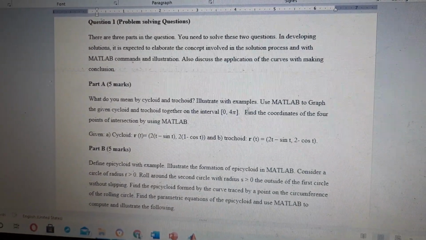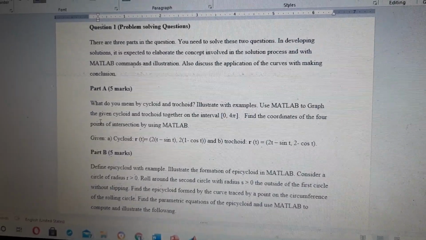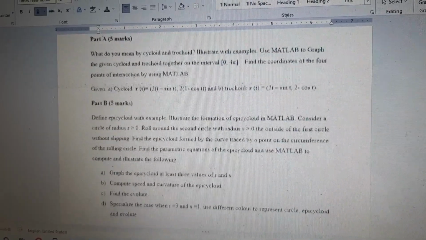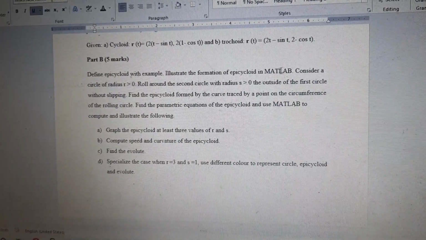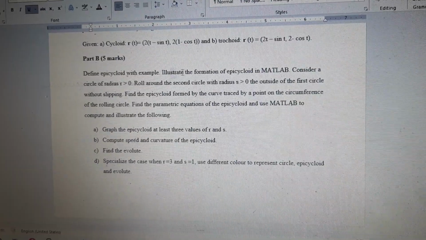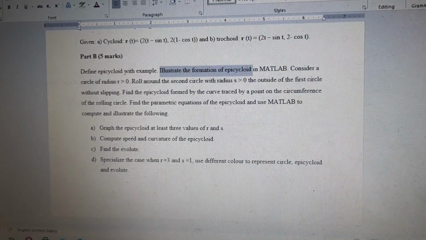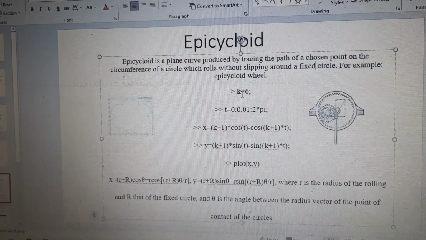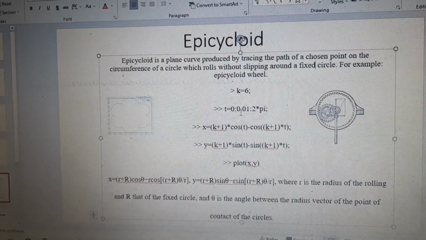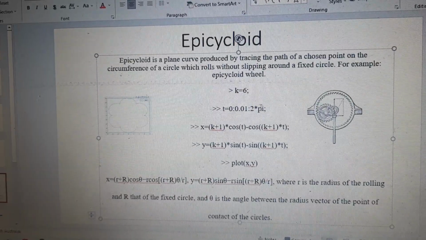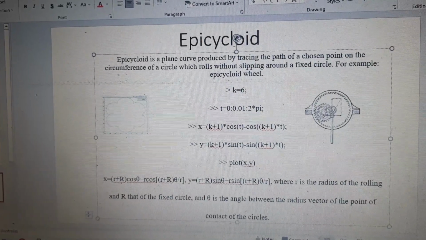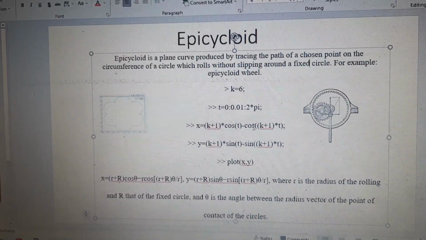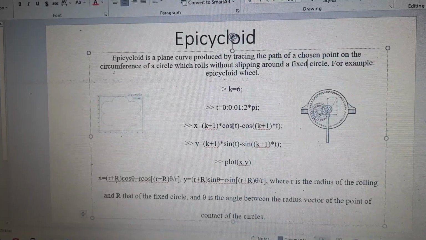Second, illustrate the formulation of the epicycloid in MATLAB. How the epicycloid is formed. For these questions, the answer is here. The epicycloid is formed with k equal to 6, suppose, and t equal to 0 to 2 pi. The parametric equation of the epicycloid is x equals (k plus 1) cos t minus cos((k plus 1) t).